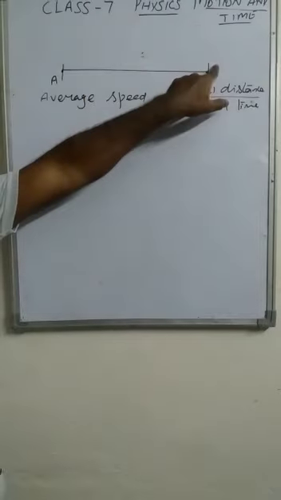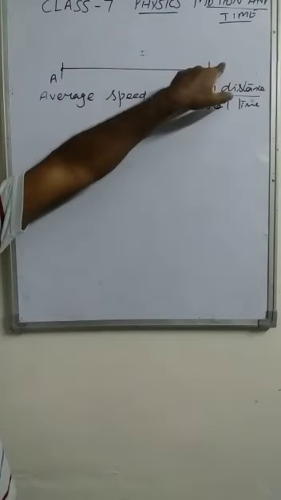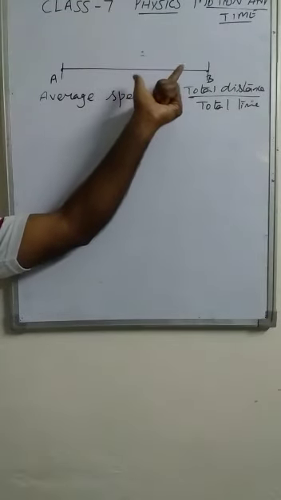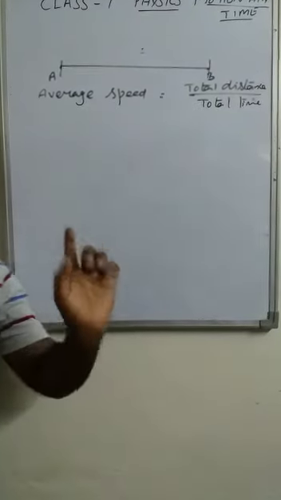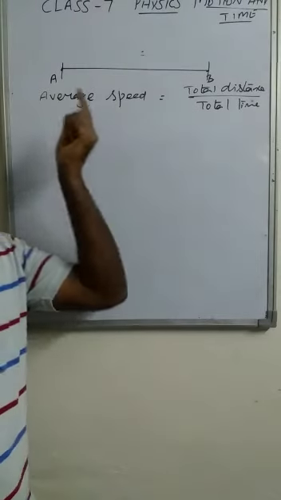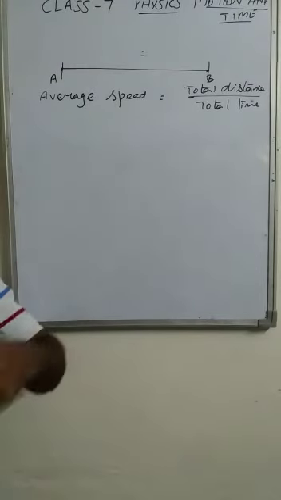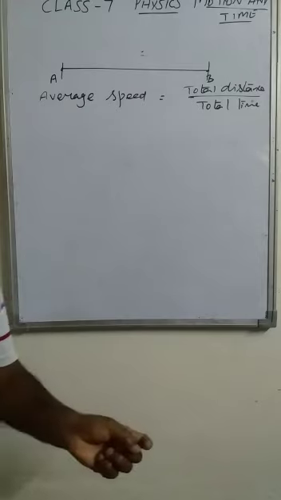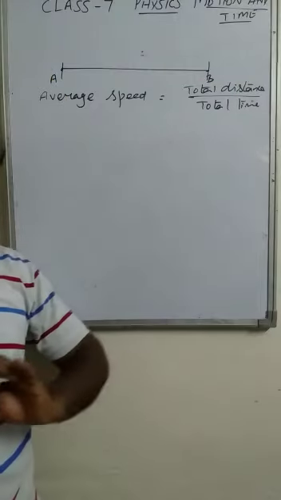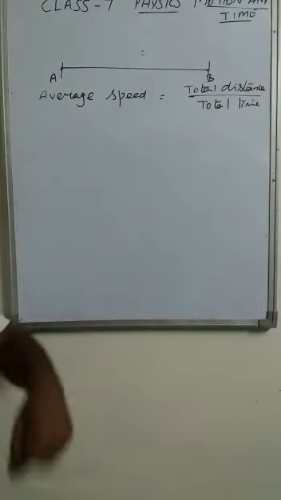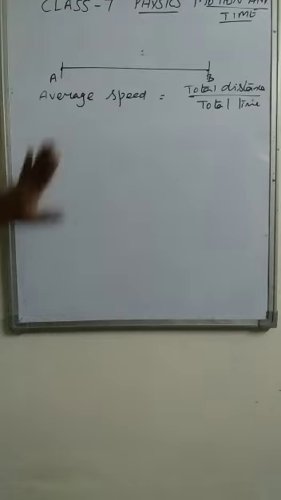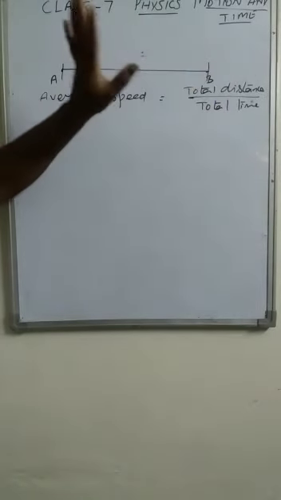What is the total distance traveled in the given time, or how much time is taken? If you know that, then the speed calculated will be the average speed. So in our daily life, mostly we quote the average speed of any vehicle, either bike, car, bus, or anything. We always say this average speed, not the actual speed, because the actual speed is not constant in our daily life. So by taking this, we can calculate the average speed.